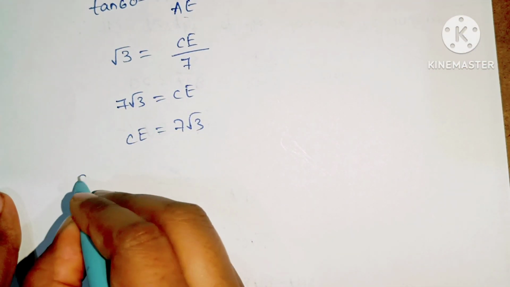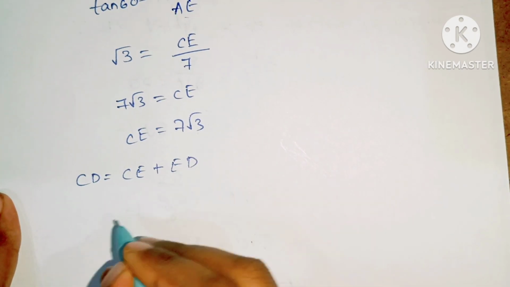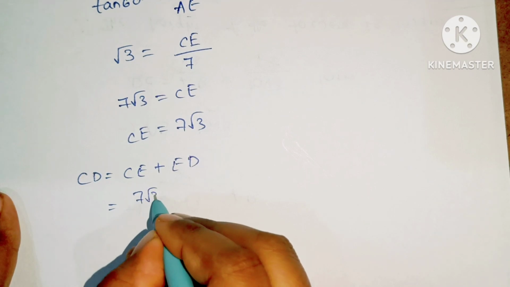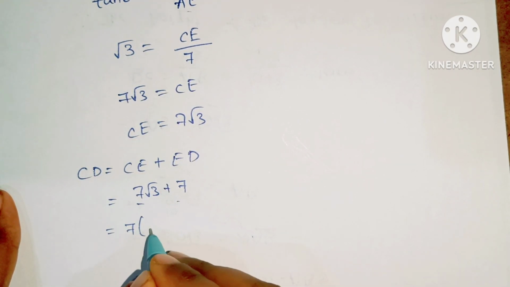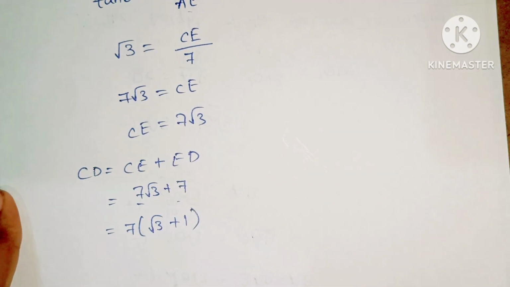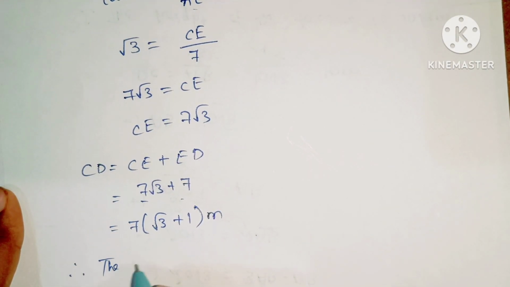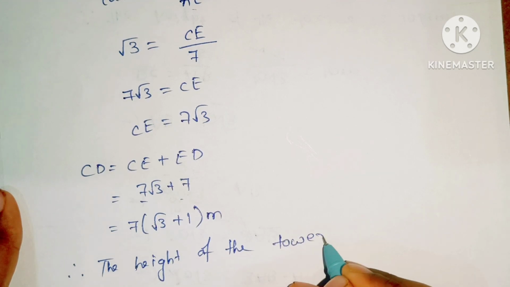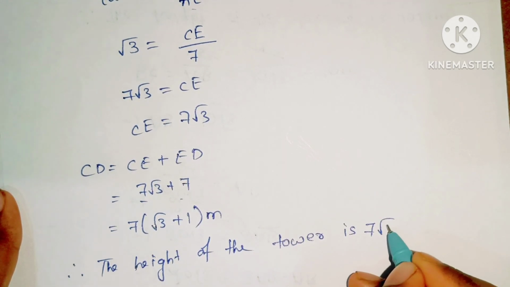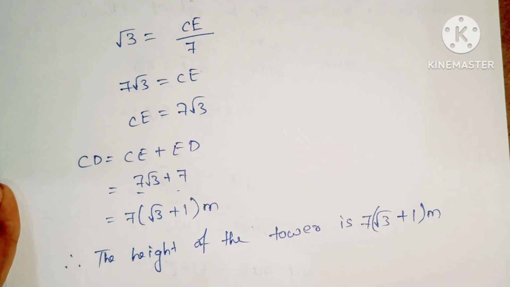CD equals CE plus ED, that means 7 root 3 plus 7. You can take 7 common: 7 into root 3 plus 1 meters. So the height of the tower is 7 into root 3 plus 1 meters. Understood? Next.